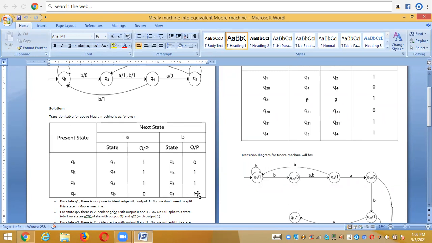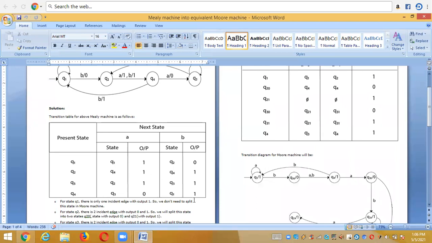What it means is, for the state Q1, there is only one incident edge output, 1. That means we don't need to split this state because it gives a similar output. At the input A for Q1, it gives output 1. At the input B for Q1, it gives output 1. So no need to split this.